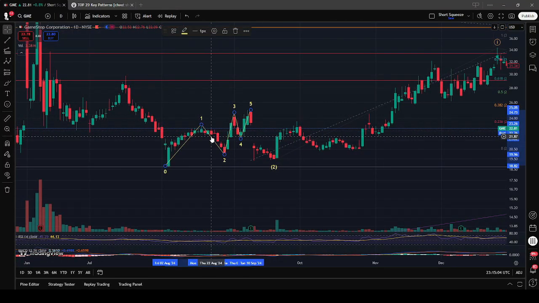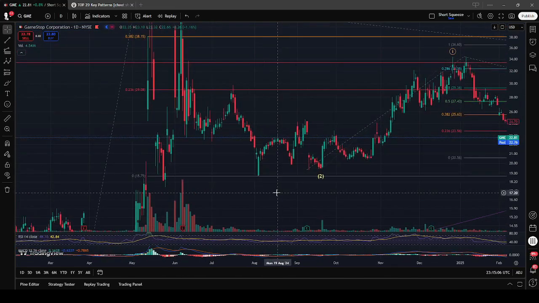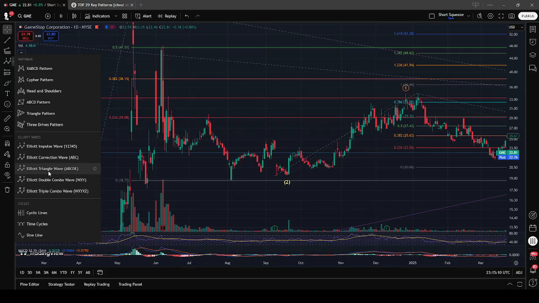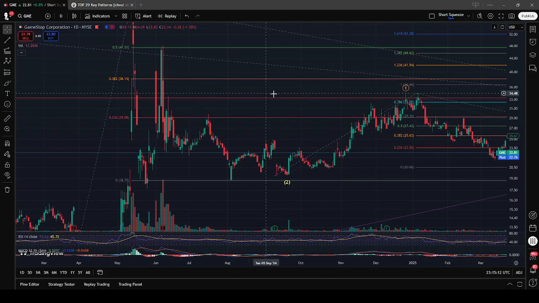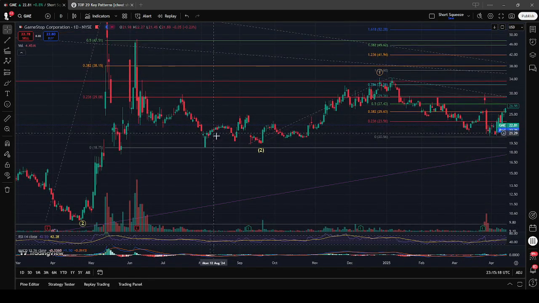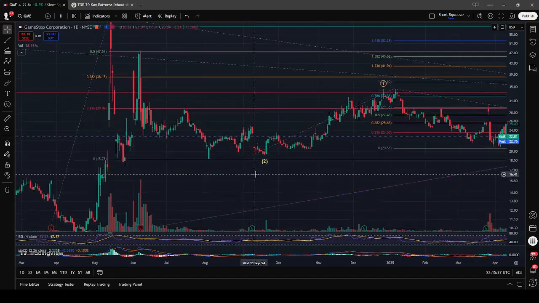So the thing I would say is that it could be a double combo. So you would have an A, B, C, and then somewhere an X movement, and then A, B, C right here.